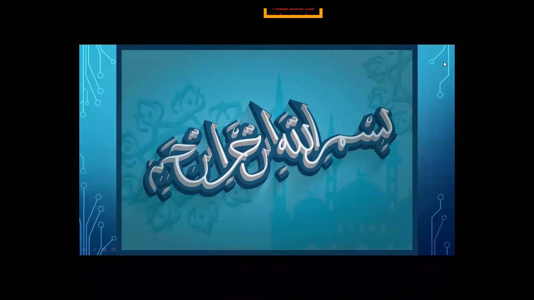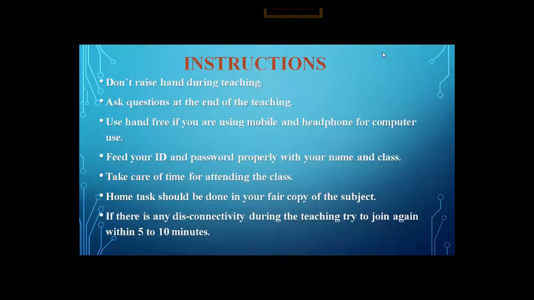But before starting the teaching, I will give you some instructions. Hopefully you all understand and follow these instructions. Don't raise hand during teaching. Number 2, ask questions at the end of the teaching. Number 3, use hand-free if you are using mobile and headphone for computer use. Number 4, feed your ID and password properly with your name and class.